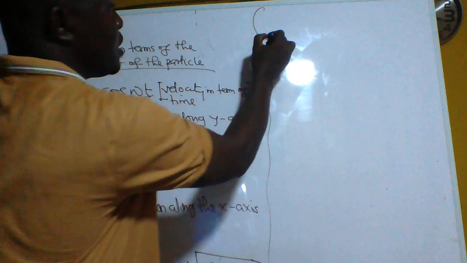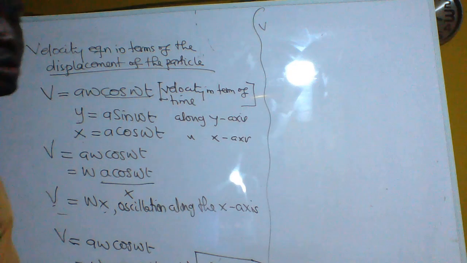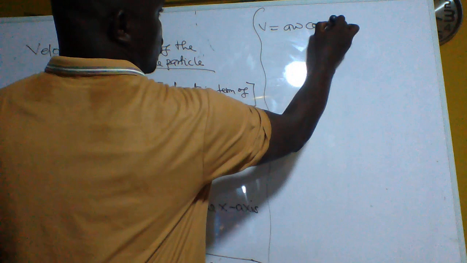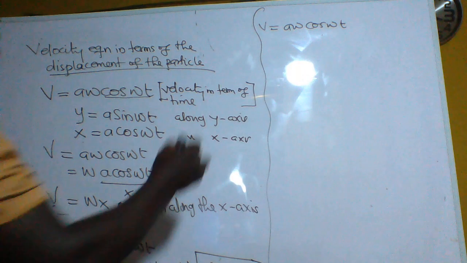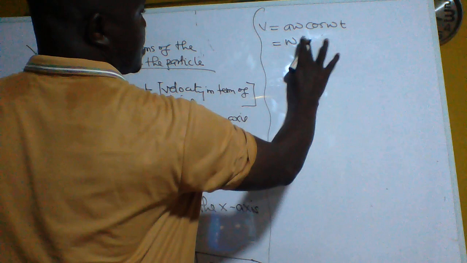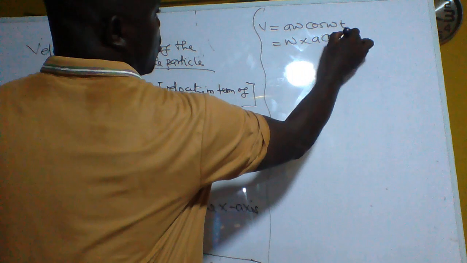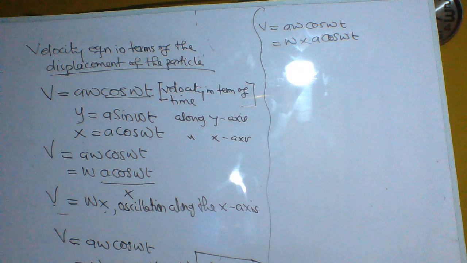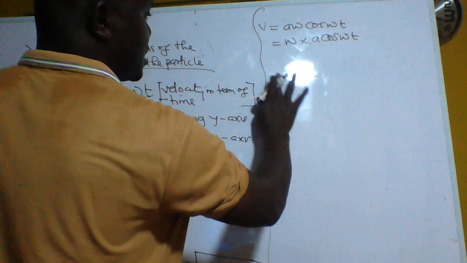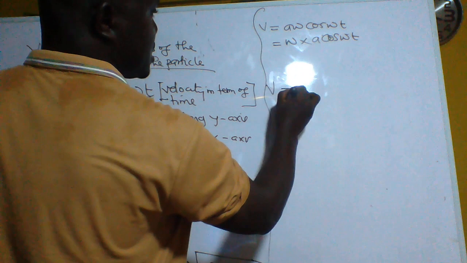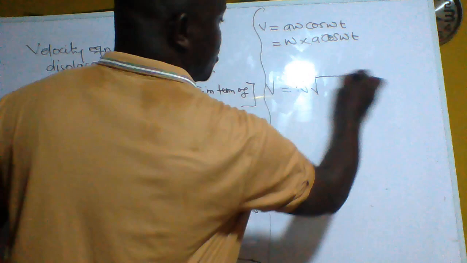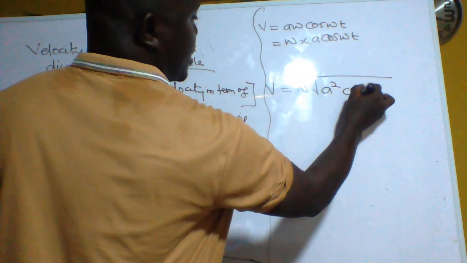So v is equal to A omega cos omega t, which is the same as omega times A cos omega t, and we can rewrite this as omega times the square root of A squared cos squared omega t.